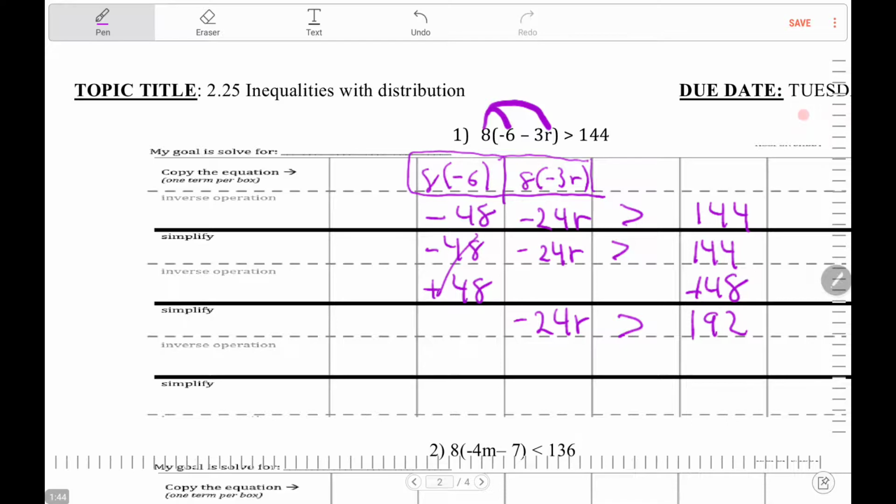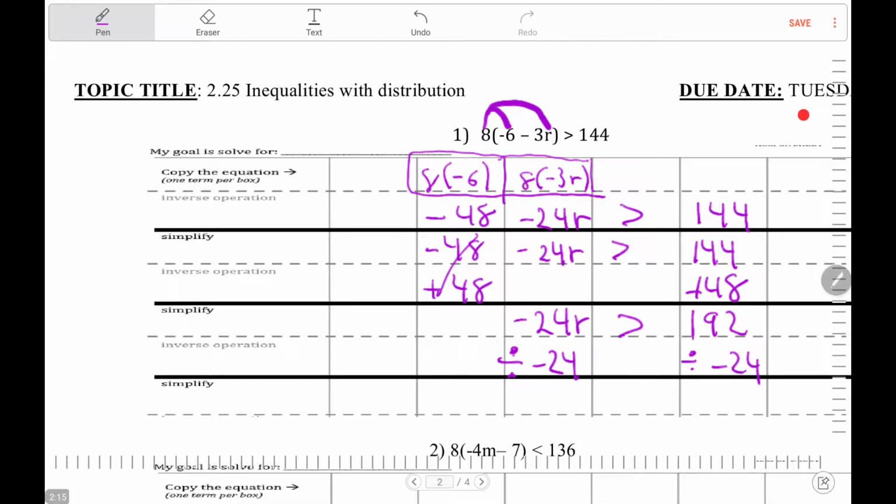Let's see, what is that? I know 24 times 2 is 48, and 48 times 2 is 96. 96 times 2 is 192. So we're gonna have to divide. Sorry, that was what I was doing in my head. Dividing by -24, dividing by -24.